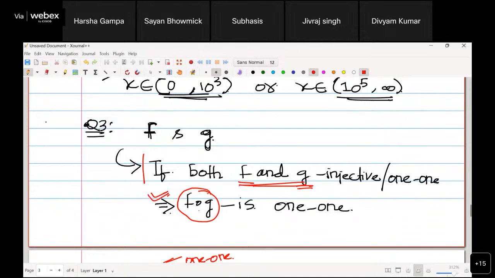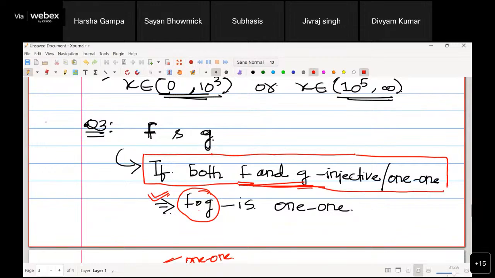This is our assumption. We are assuming this, correct or not? So certainly this is true, and we want to prove that f compose g is 1-1. Suppose let's say this is not 1-1. So if this is not 1-1, then what will happen?